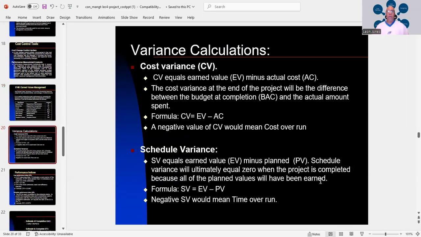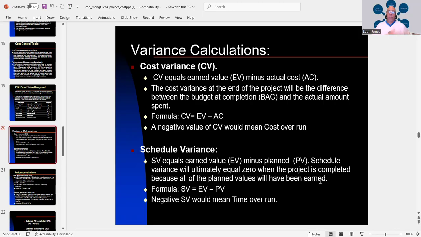And you're going to have your variance calculation. So cost variance, which is CV, equals EV minus actual cost. So to put it all into perspective, your cost variance equals the earned value minus the actual cost.